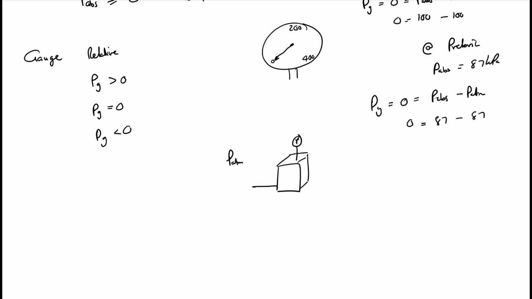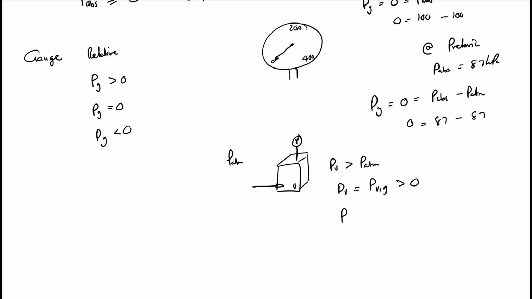I now go and I pump additional gas into this container. Suddenly the pressure will go up because I have more gas there. So P in my volume will be bigger than P atmospheric. Because I've put more gas in there, the pressure is now higher. We understand that. This implies that this P in the volume, if I express it as a gauge pressure, must be bigger than 0.